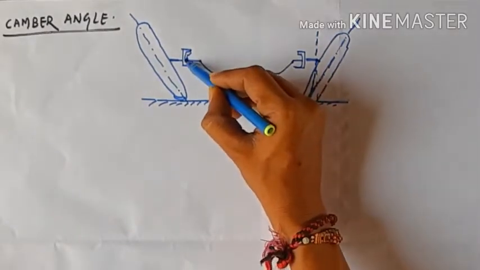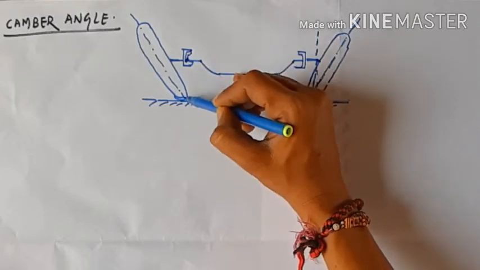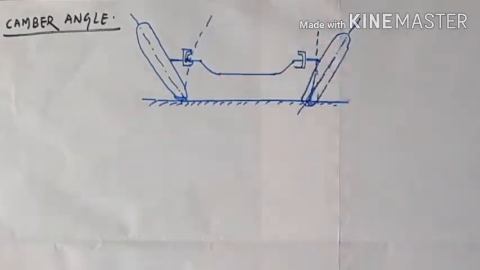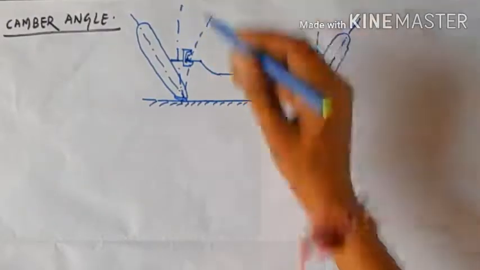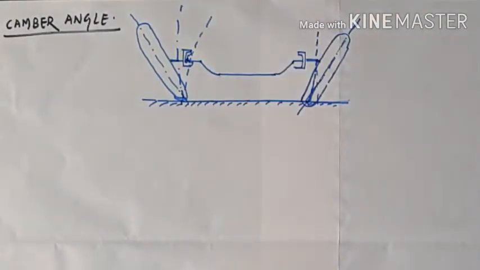So this is your kingpin, and this is your vertical line. I'll make a name for it.